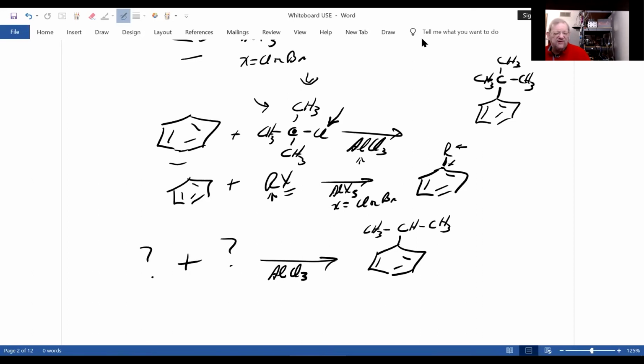And now this would be 2 starting materials. I'm going to let you try this one out yourself, and then I'll do it. What would be the starting materials to react with aluminum chloride to make that product? Have fun. Hint, look at the general reaction above.